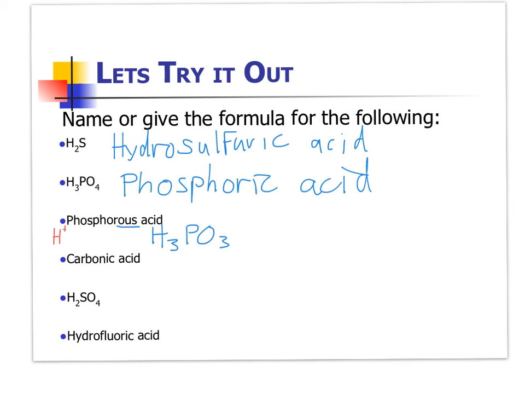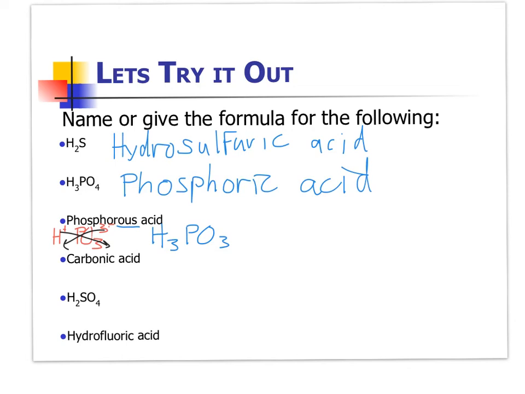In this case, because it's written first, it has a positive charge. My phosphate, my phosphite. See, even I sometimes get that confused. Phosphite is PO3 with a -3 charge. If I look, I can see that my charges don't match up. So what do I do? I do the crisscross method. The crisscross method still works.